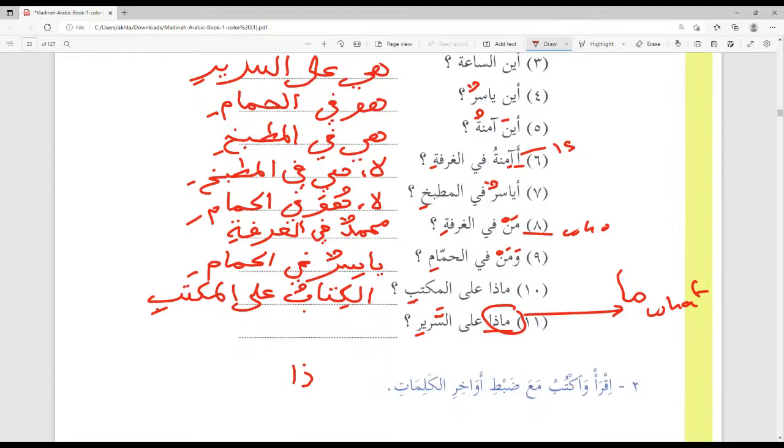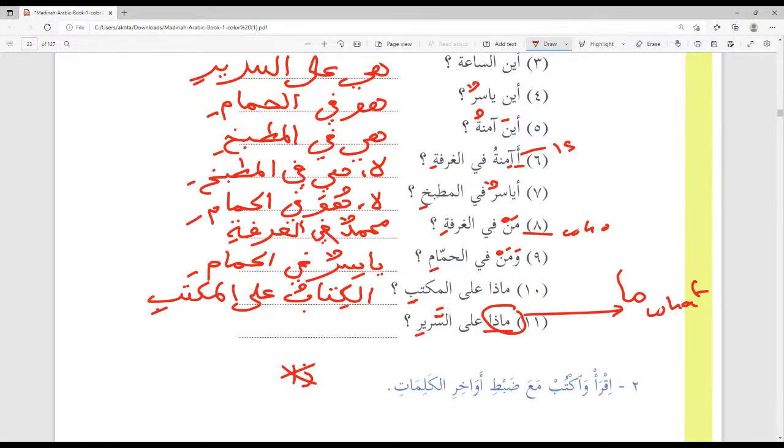So ذا literally means like this. When you say هذا, the ha is tanbih, to get someone's attention, and then the, so ha the means this is. I don't know if that makes sense, but never mind.